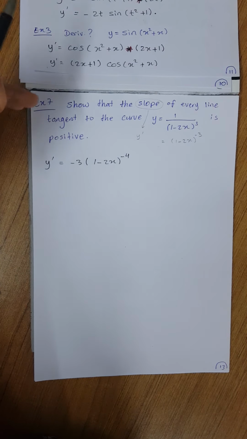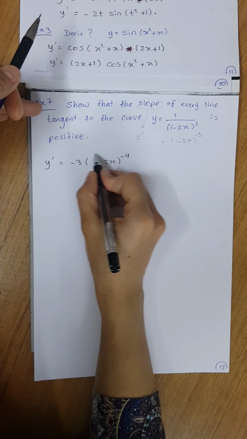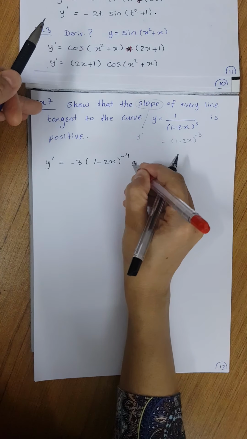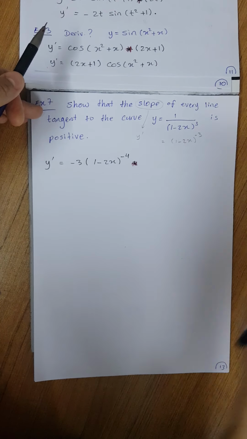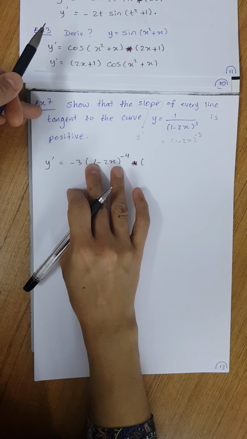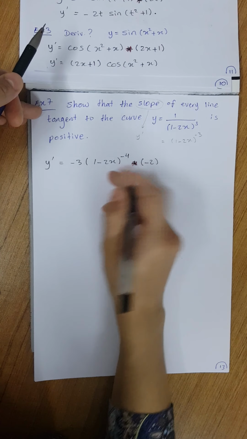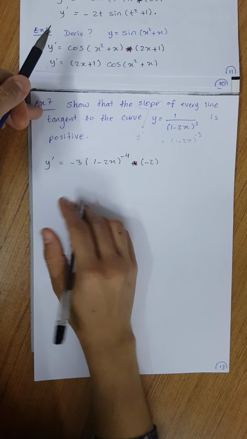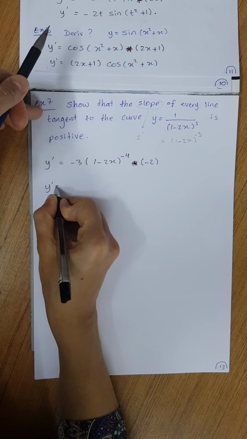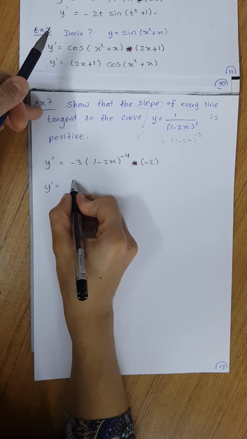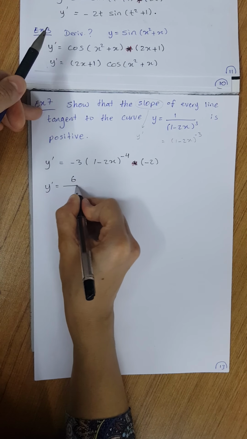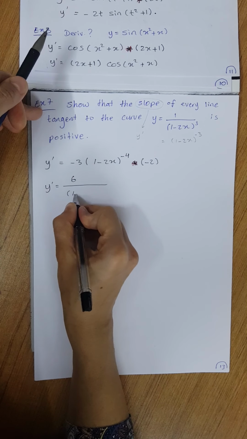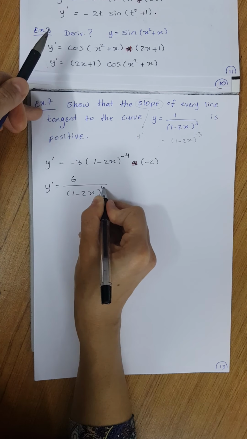Since this one is the composition function, we are also multiplying it by the derivative of inside. What is the derivative of inside? It is equal to minus 2, because the derivative of this one is equal to 0 and the derivative of this one is equal to minus 2. Now let's rearrange it, simplify it. Minus 2 multiplied by minus 3, that's equal to 6, and I will bring this one down because it's a negative sign, so that will be 1 minus 2x to the power of 4.